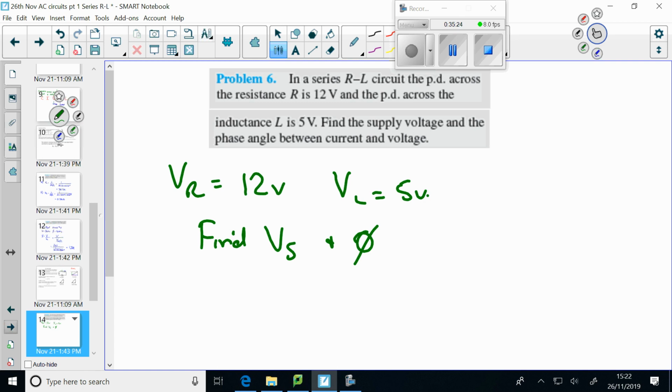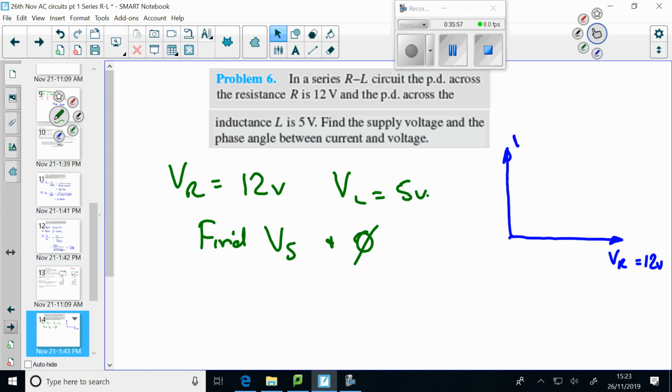Now, when we work on these kind of problems, it's always worthwhile to draw the triangle and the information you know on that triangle. So here we've been given voltages. So we want to work with a voltage triangle. There's VR, and we know what that equals. It's 12 volts. Yeah, voltage across the resistor.